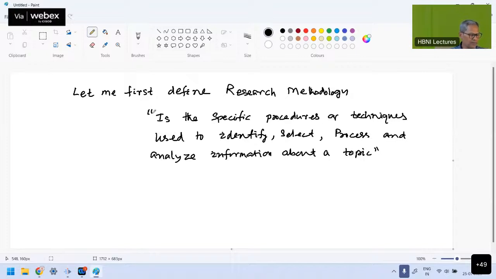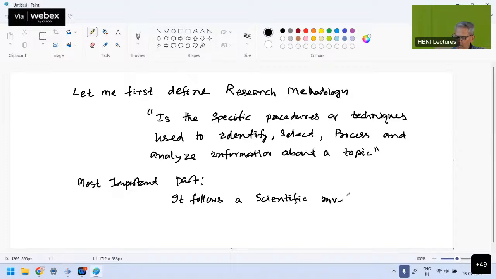The most important part of a research methodology is that it follows a scientific principle.